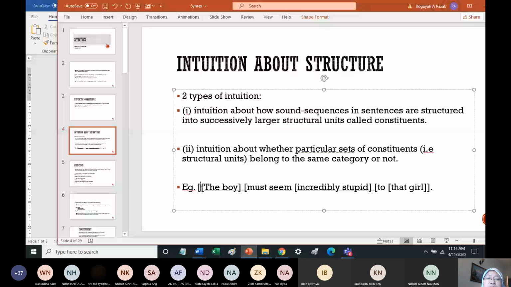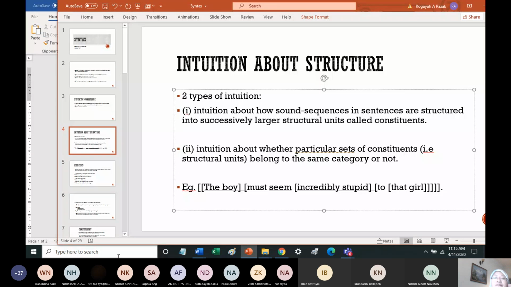Basically you count the number of square brackets on the left. 1, 2, 3, 4, 5, and then what about on the right? We have 1 here, 1, and then 2. So we need 3 more to close. So 1, 2, 3, 4, 5.